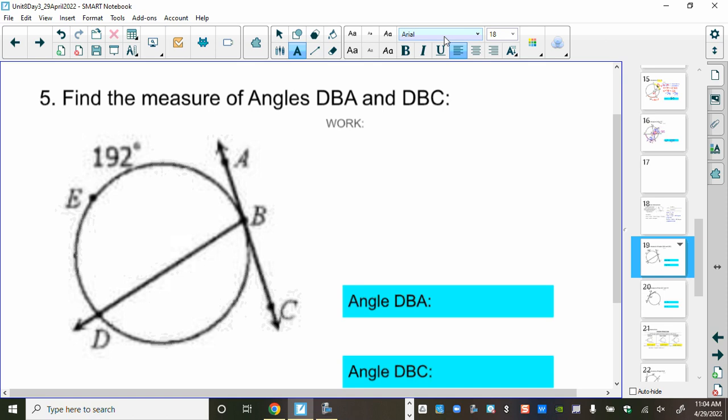DBA, DBC. So first we're trying to find angle DBA. But what's given to us? What are we given here? An arc or an angle?